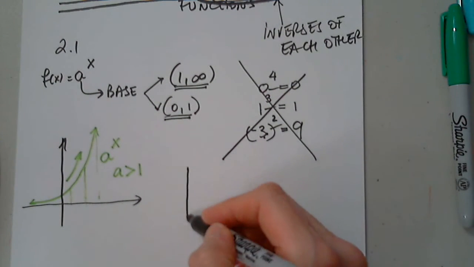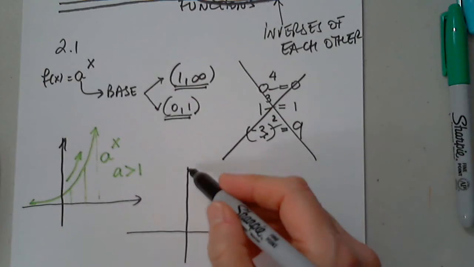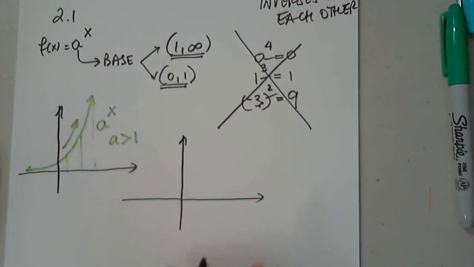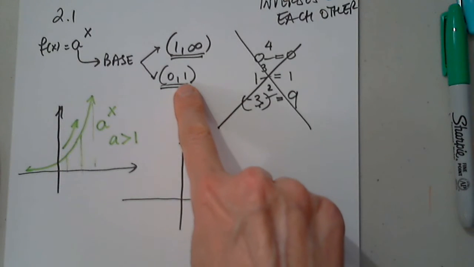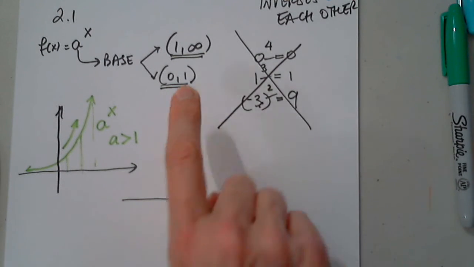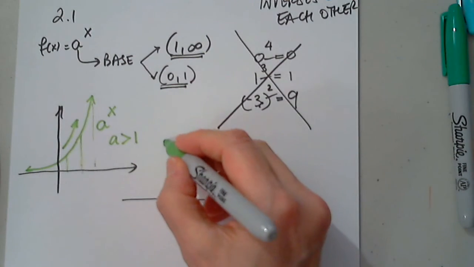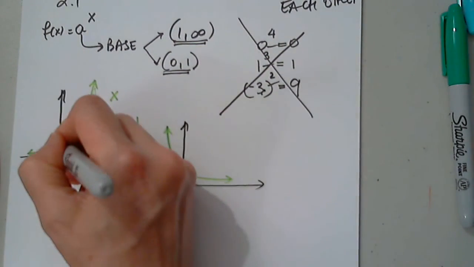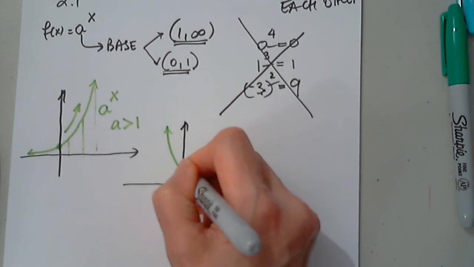Okay. Now, when the base is tiny, so as you see, this function is always increasing. When the base is tiny, like 0.2, 1/2, 1/3, 1/16, that graph is this. Both of them cross at 0, 1.